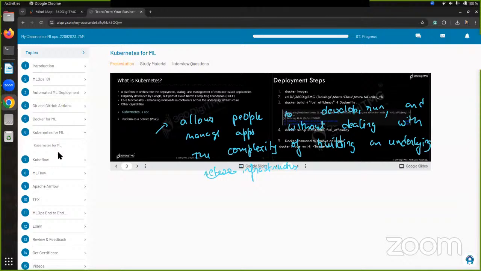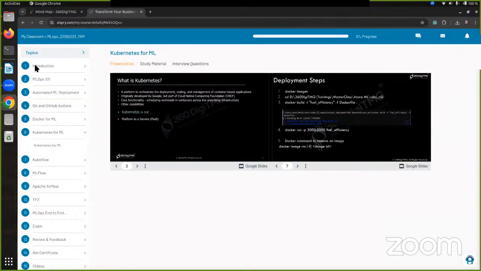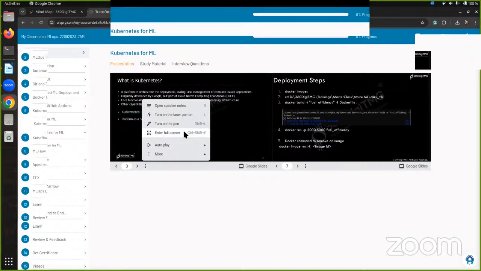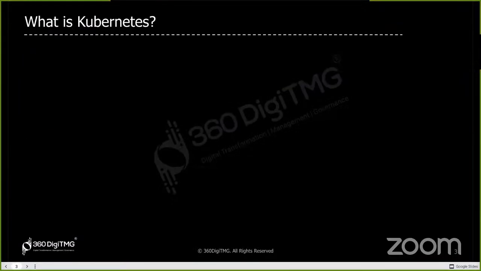We have three aspects that we are going to look at, and we will see where Kubernetes falls in this architecture. The CI/CD pipeline.